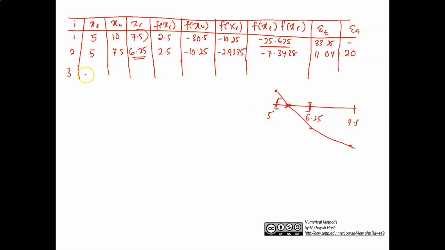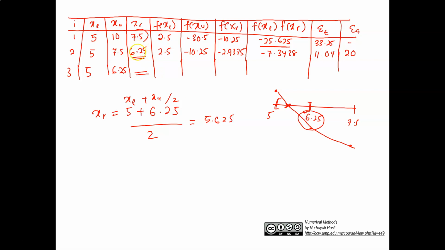So we set for the next one, our XL is 5, but our XU become 6.25. And then we need to compute new XR here, which is by using formula XR equal to XL plus XU divided by 2. So all this divided by 2. We'll got the answer here equal to 5.625.